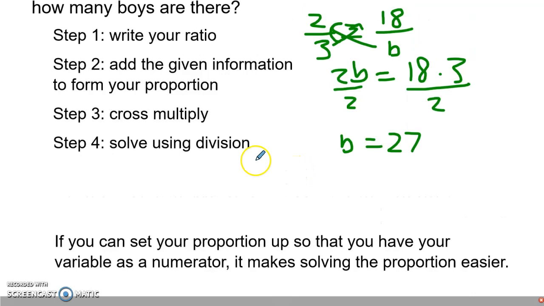One of the really cool things about ratios and proportions is that you can write them in a number of different ways. Okay, so I have 2 girls for every 3 boys is equal to 18 girls over 27 boys. Right? That's what we just figured out.